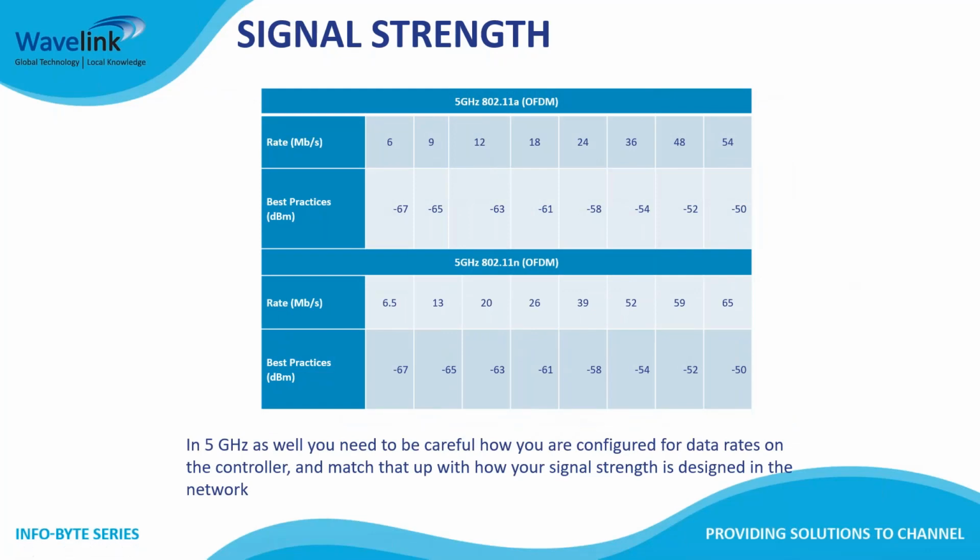Again, going through 802.11a with OFDM for its modulation, and 802.11n. N was superseded by AC, and AC is being superseded and will work in conjunction with AX, but this gives you a good snapshot of the speeds you should be seeing on the threshold of that good signal for voice over Wi-Fi.